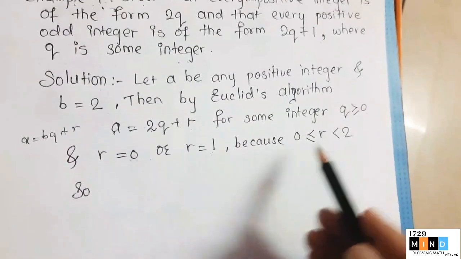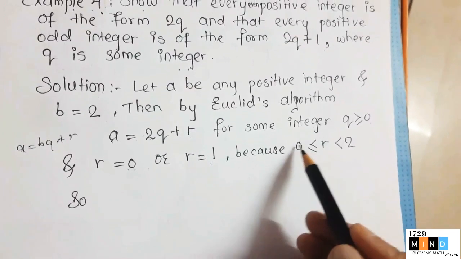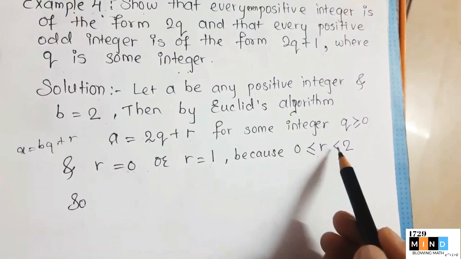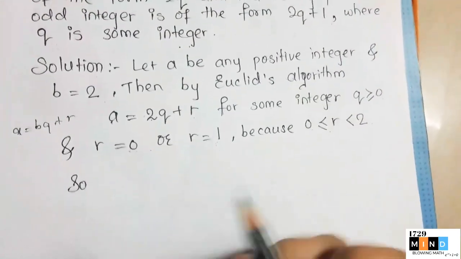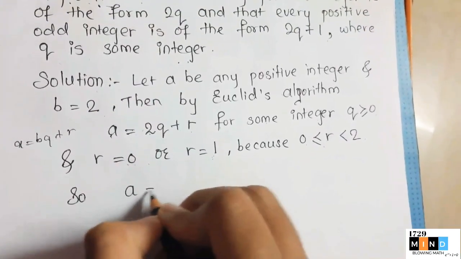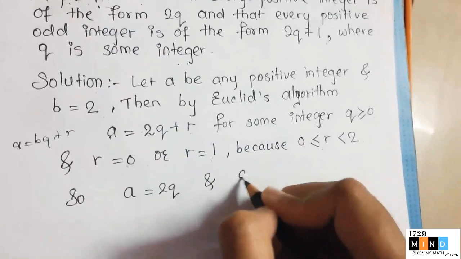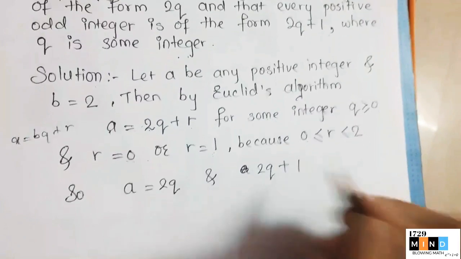Why should r be 0 or 1? Because we have kept the condition that r should be greater than or equal to 0 and less than 2. So we will get a is equal to 2q for 0, or 2q plus 1 for 1.